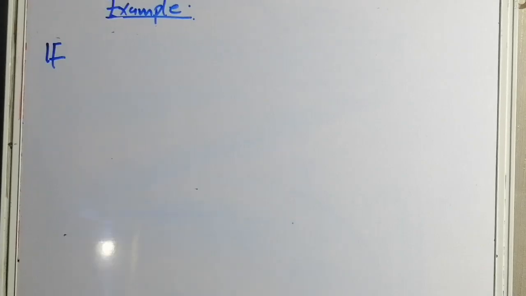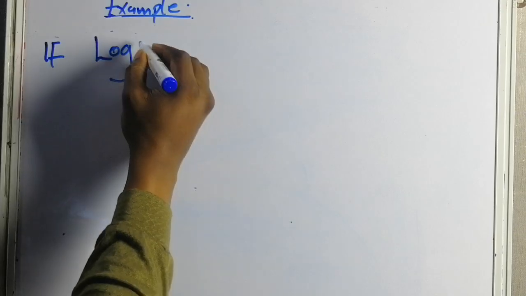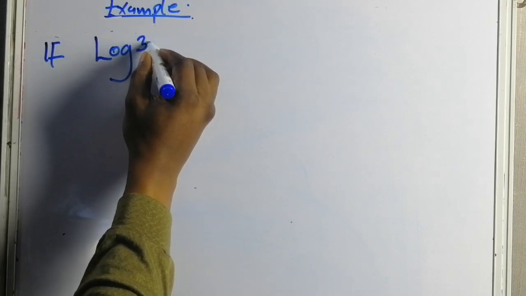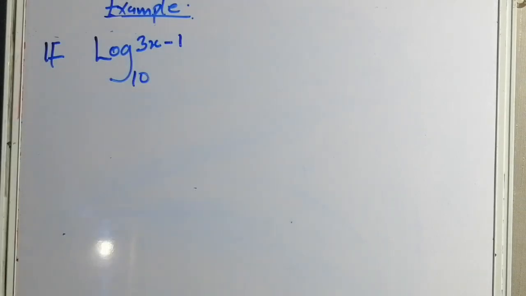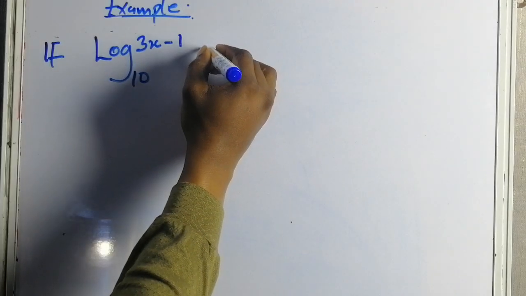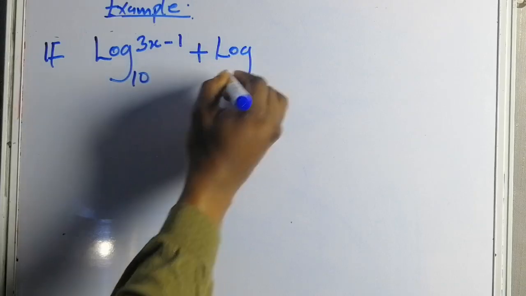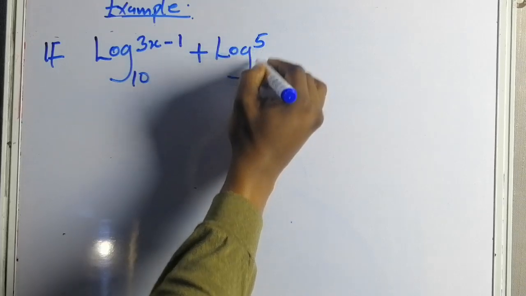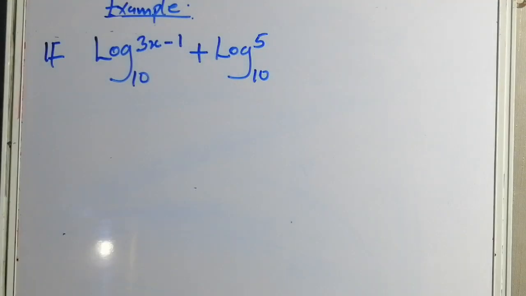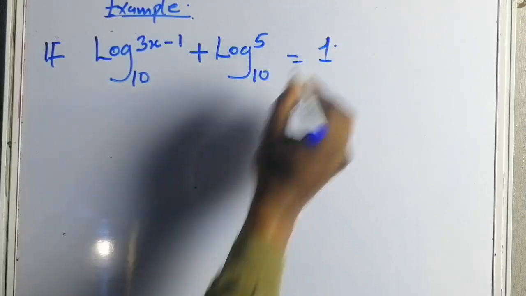So let's say log of 3x minus 1 base 10. If we have log of 3x minus 1 base 10, then you also have plus log 5 base 10 equals 1.